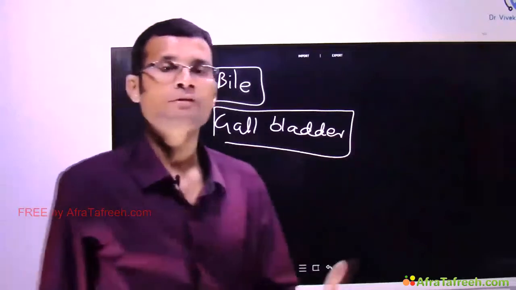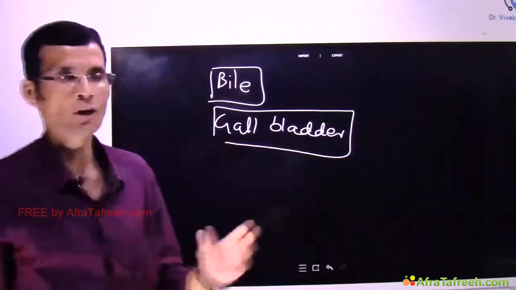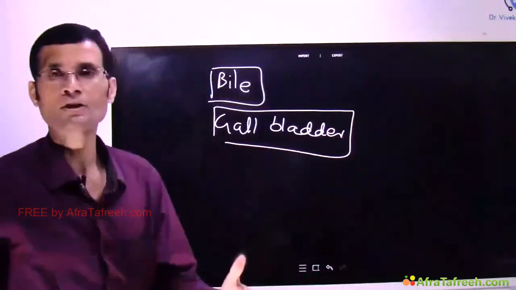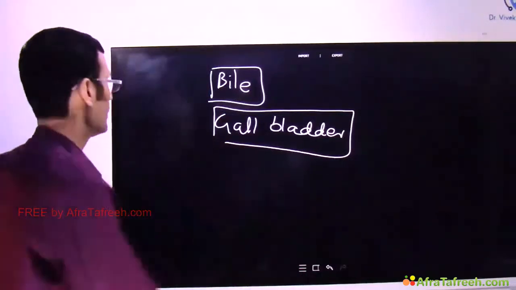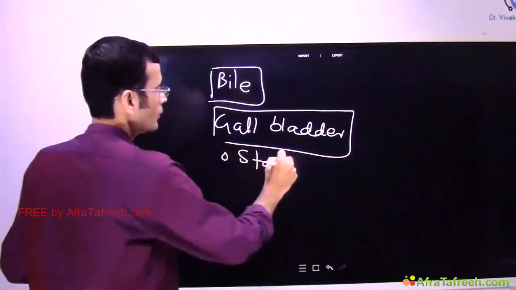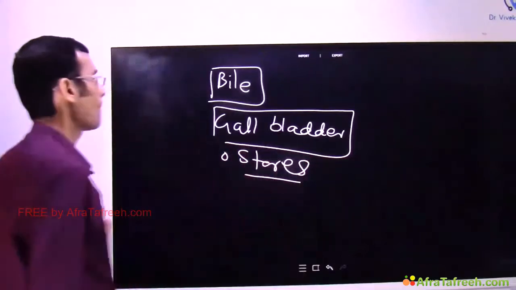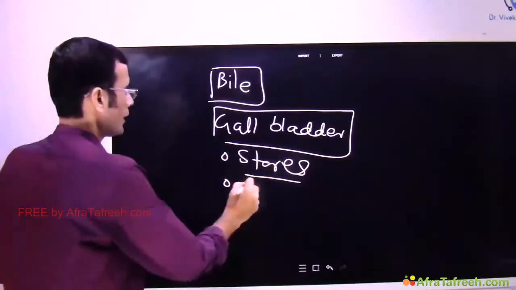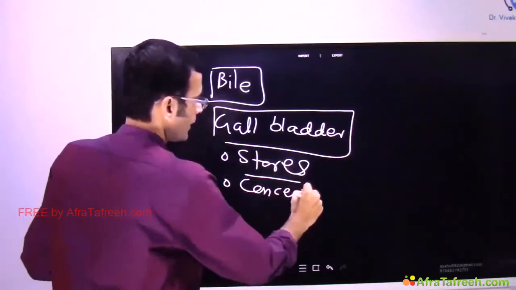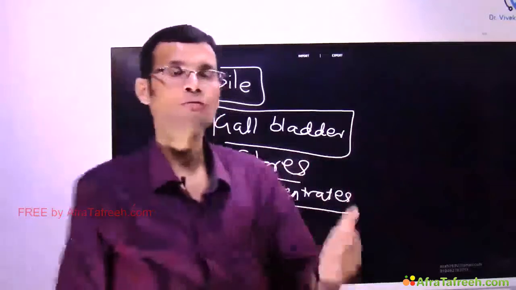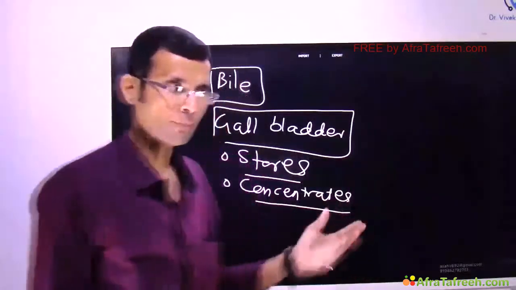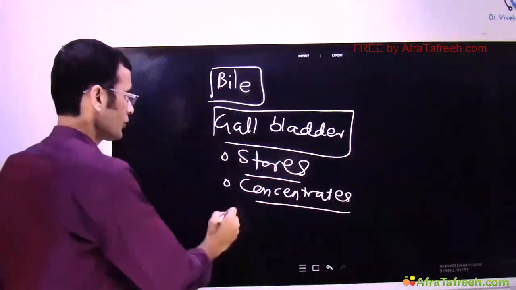Gallbladder has only about 50 ml or so capacity, so not much. What are then the functions of the gallbladder? What does it do to the hepatic bile? Gallbladder stores the bile. It concentrates the bile. Gallbladder epithelium removes water from the bile, and the bile is concentrated.